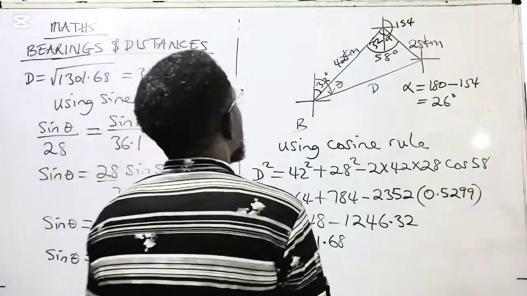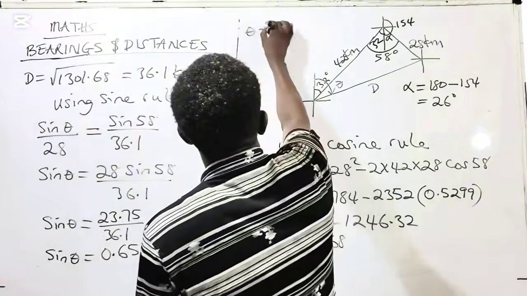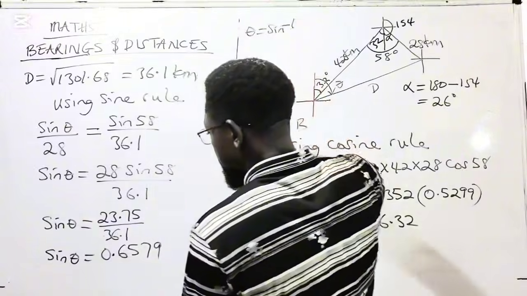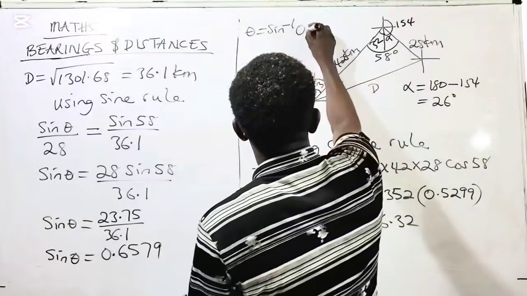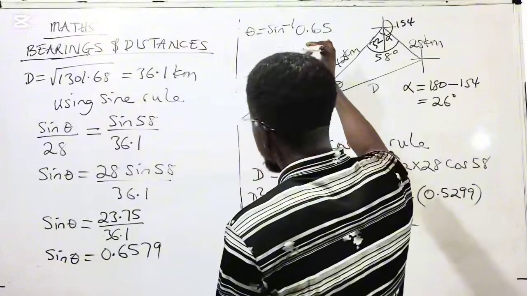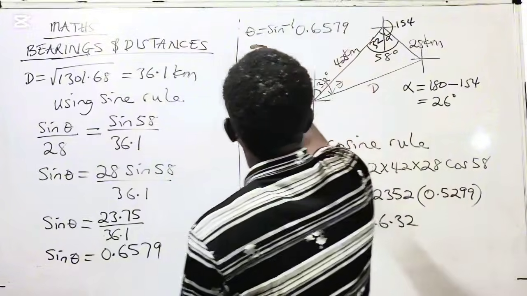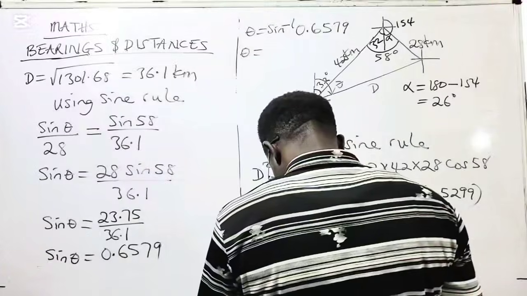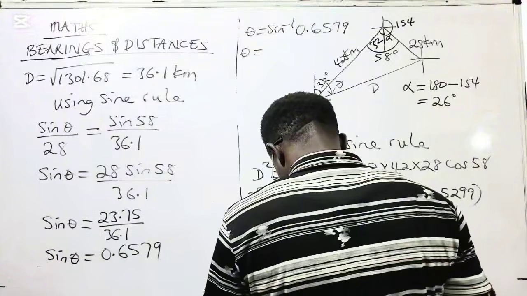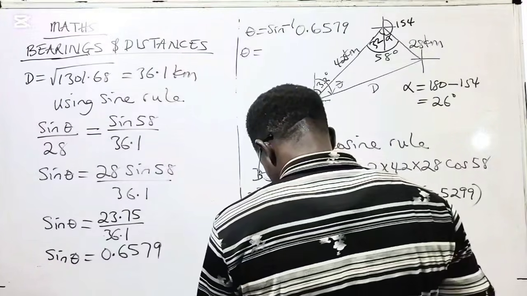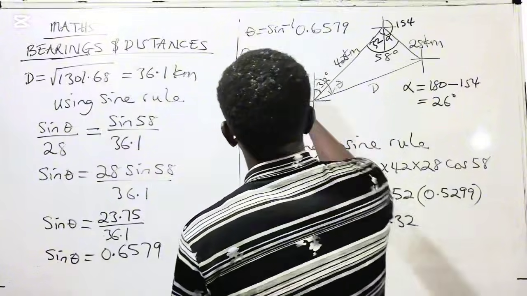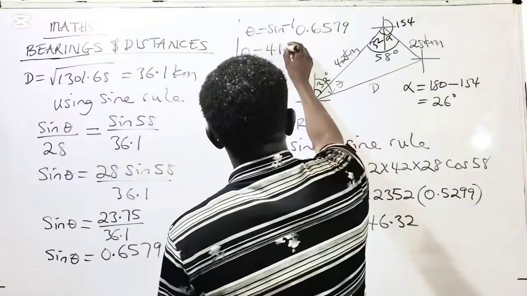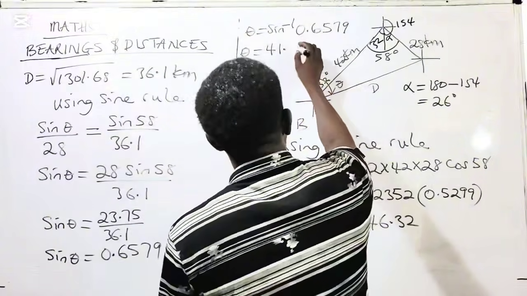So that theta will now be the sine inverse of 0.6579. Theta will be approximately 41.1 degrees.